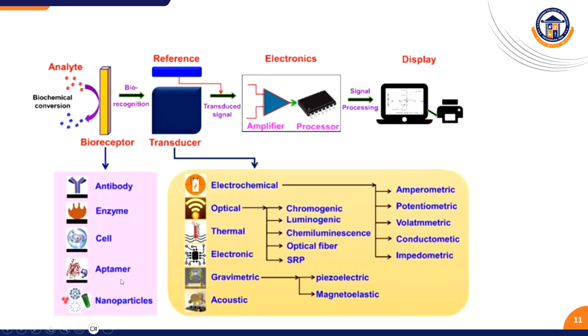nanoparticles, anything that we can use for this matter. And the transducer may be of electrochemical type, optical, thermal, electronic, gravimetric, or acoustic. In electrochemical, amperometric is the amount of current being measured.